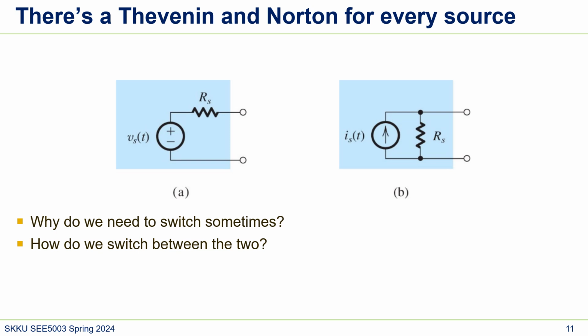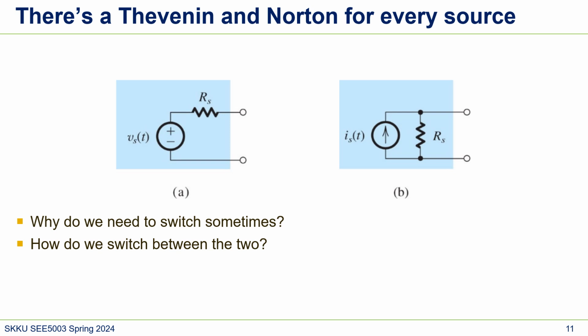For example, if there is a complicated electric circuit, and we replace that complicated circuit with this Thevenin equivalent, we can convert that Thevenin equivalent representation to a Norton circuit representation. So they can be converted back and forth between them.